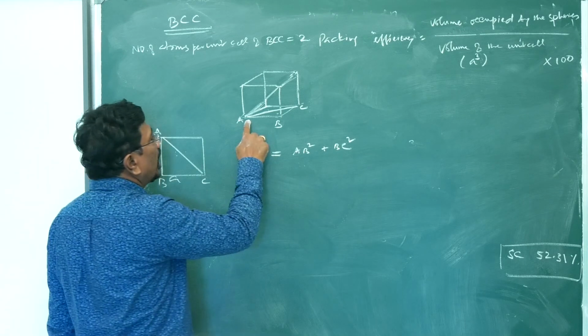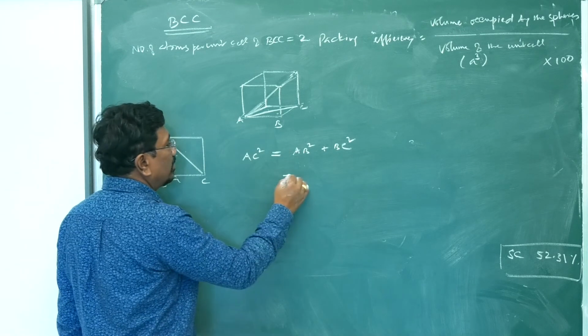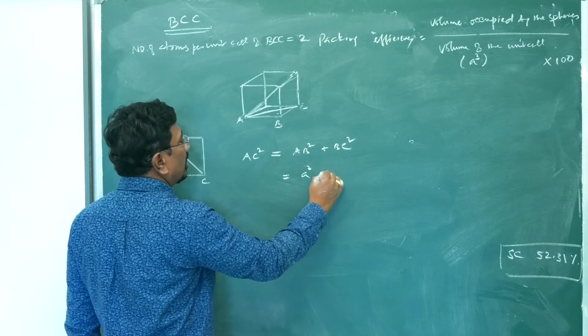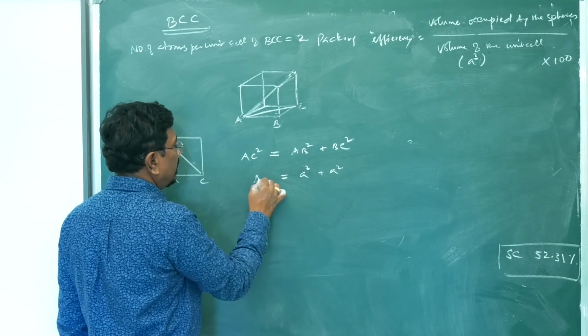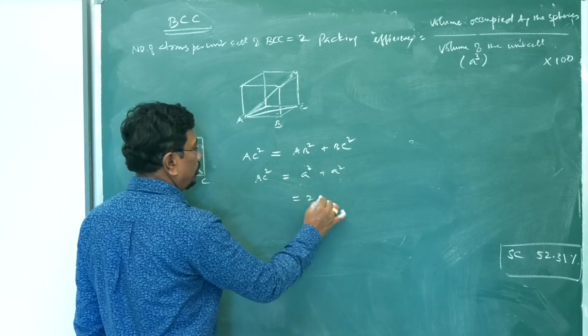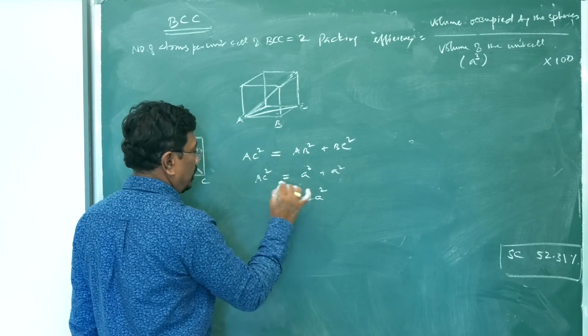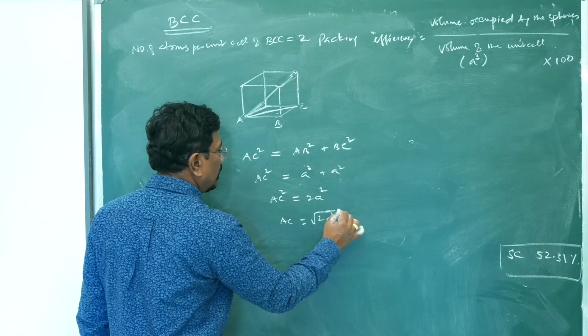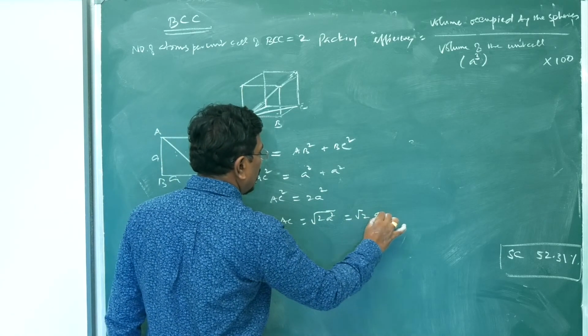Now we know AB and BC. AB is nothing but A, BC is nothing but A. So AC square is equal to 2A square. Alright. What is AC then? Root of 2A square, which is equal to root 2 into A square.